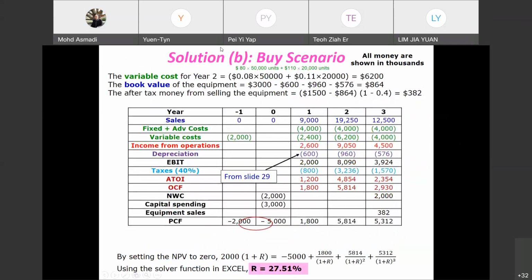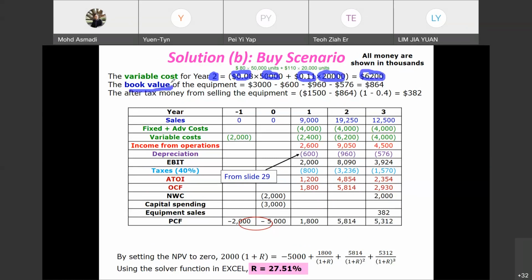This is a buy scenario. So if you look at here, variable cost in year 2, if you still remember, $80 times 50,000 units, because outsourcing is only 20,000 units, 10 times $110. So we can get 6.2 million, 6,200.